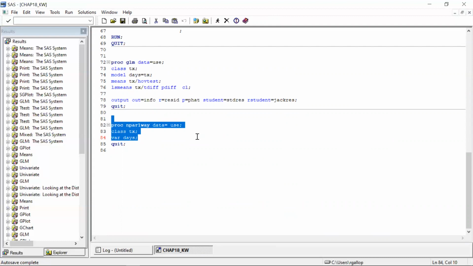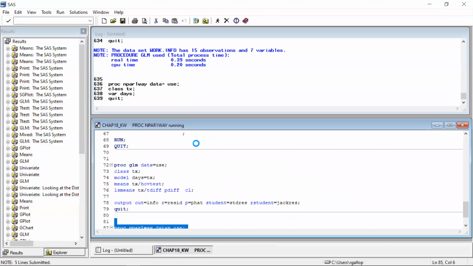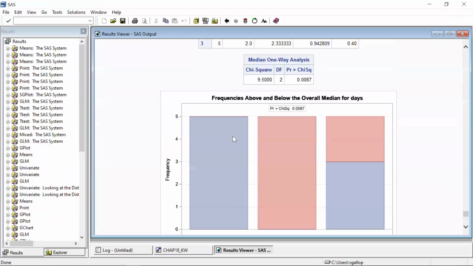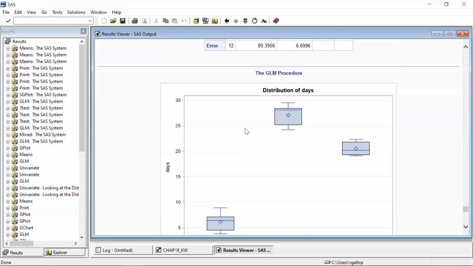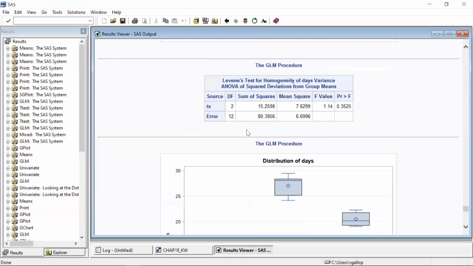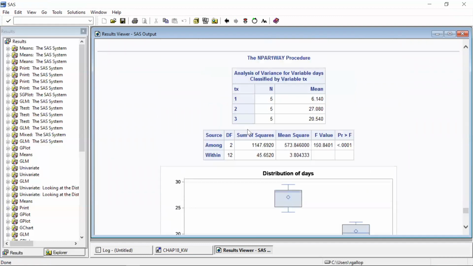It's almost like PROC TTEST. You guys saw that in 512. Then I quit this. The non-parametric procedure gives you a lot of output. I'll go to the top of the output and we'll walk our way down. That's the GLM that we just saw. Here comes the non-parametric, giving us the means.